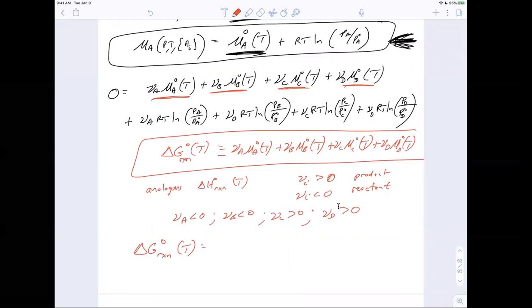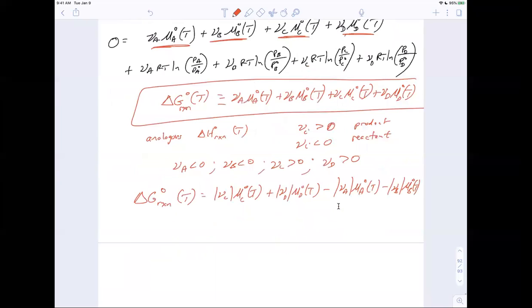So we can actually write this as the magnitude of nu sub C times mu sub C naught plus the magnitude of nu sub D times mu sub D naught minus the magnitude of nu sub A times mu sub A naught minus the magnitude of nu sub B times mu sub B naught.